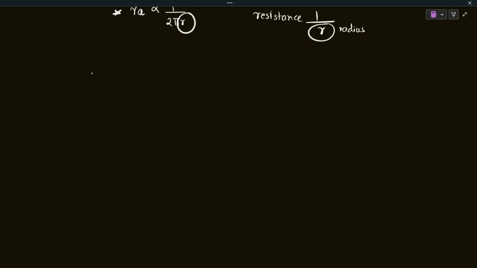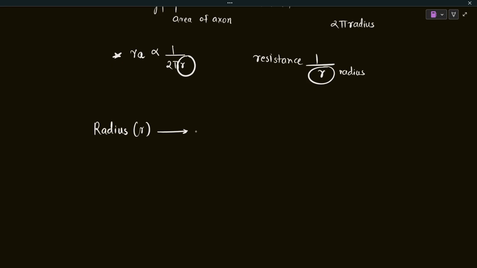So far we learned that whenever we increase the radius of an axon, it leads to lower resistance. Once the resistance is low, this means the length constant will also be high.